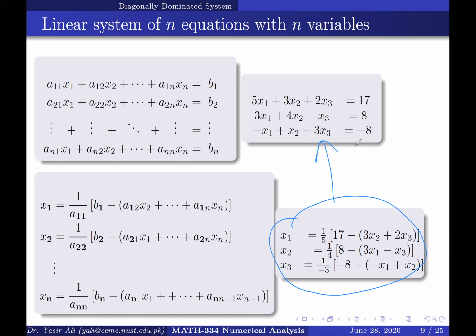I just take these two values to the other side and then divide everything by 5 in x1. Similarly, I can obtain the rest of the values too.